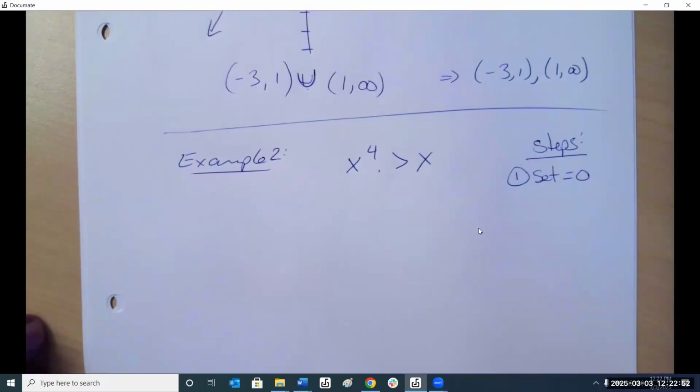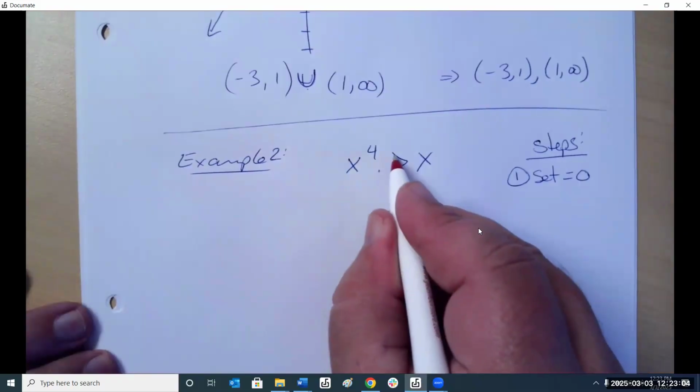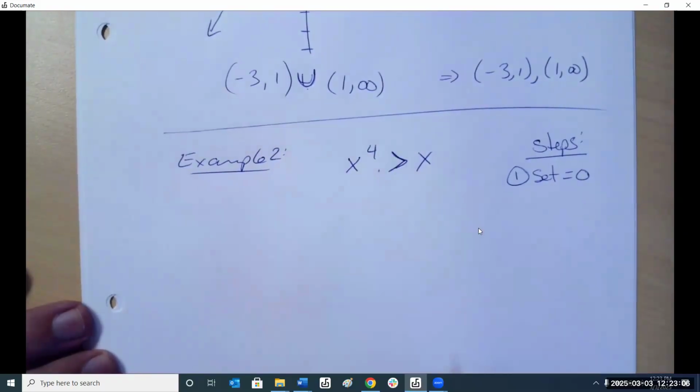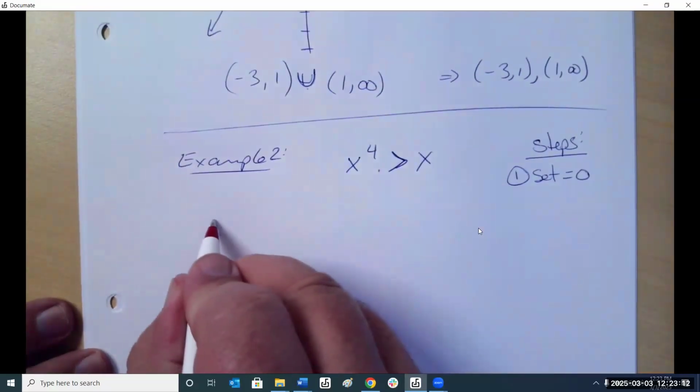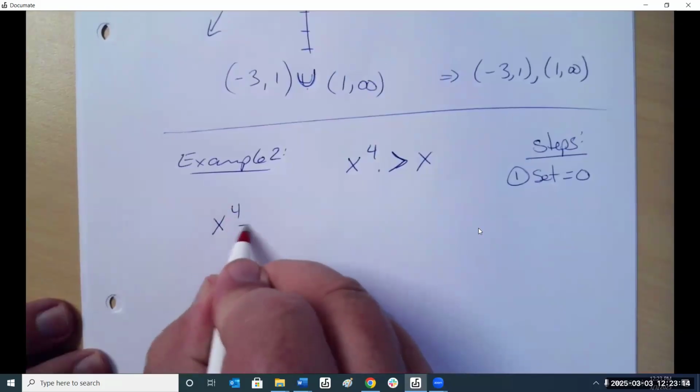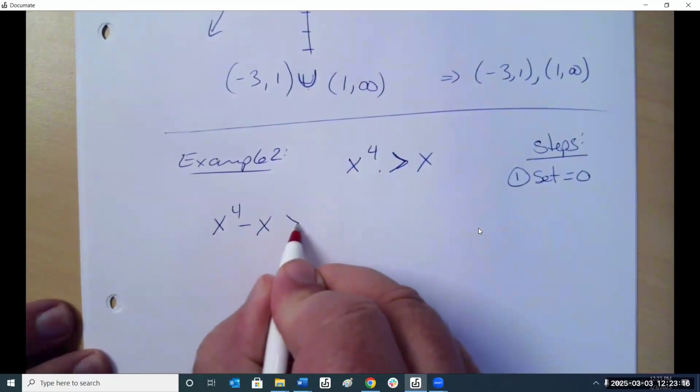Set it equal to 0. The reason you have to set it equal to 0 is because we're only going to look for where it is above or below the x-axis, or equal to the x-axis. But since this is a strict inequality, it's not going to equal the x-axis, the intercepts. So our first step is to move the x.